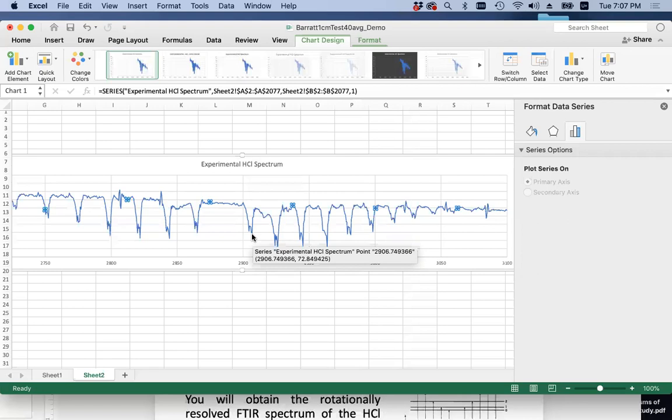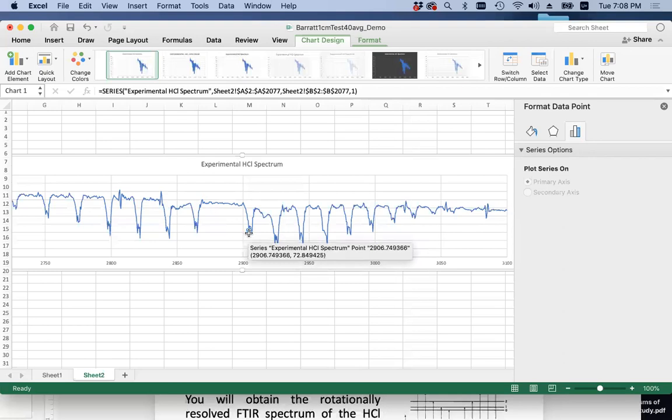So this number, 2906.749, is what you're going to want to write down as the R0 frequency for the H35Cl isotopomer. And the H37Cl isotopomer is this data point here, the lower frequency of the two in the doublet.